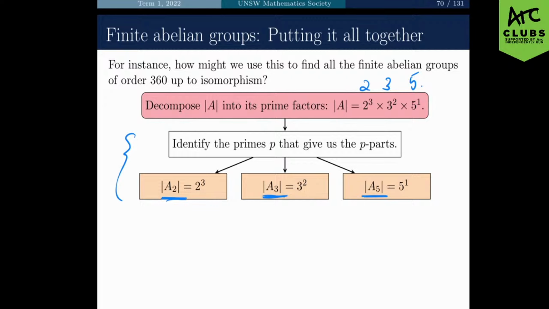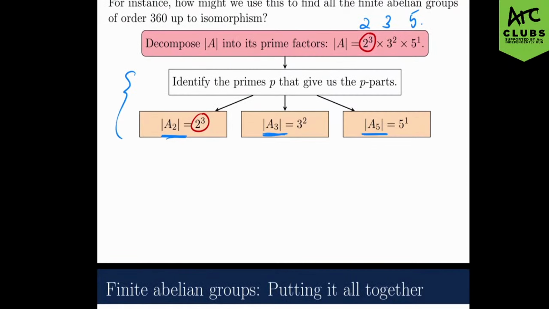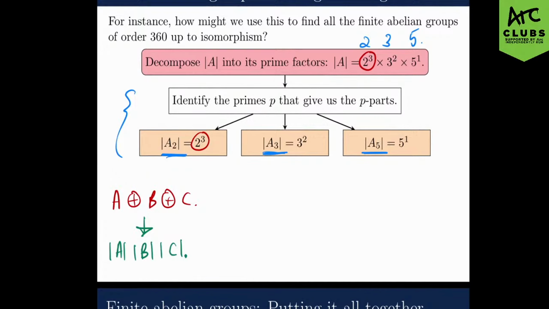Okay. And so what we notice is that each of these needs to have order equal to the part of this prime decomposition that is made up by that prime. Because something that wasn't explicitly mentioned, but if you have A plus B plus C, then the order of this needs to be equal to the order of A, times the order of B, times the order of C. So that means that the part of this order that comes from 2 needs to be embedded in this 2 part.